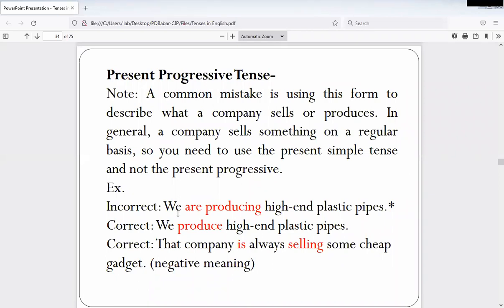Why? Because producing high-end plastic pipes, this action is going on, this is a continuous action and it hasn't stopped yet. That's why for telling that repeated action, we are using the simple present tense. The correct form that we have to use is: we produce high-end plastic pipes.